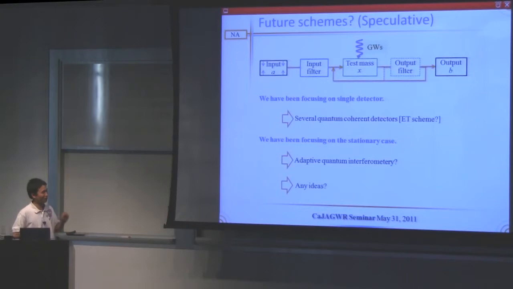We have only looked at a very low level. Also, we have been focusing on noise that is stationary. But what happens if we change our interferometer adaptively, in a time-dependent way? Right now we only consider very simple time-dependent homodyne detection, which has only started recently, but no very interesting progress yet.